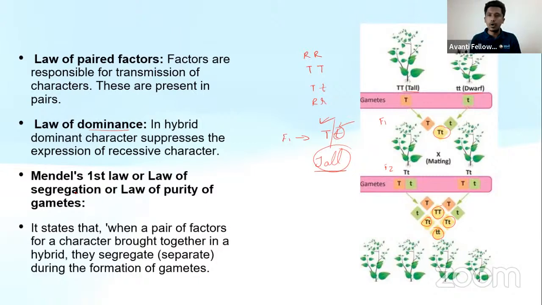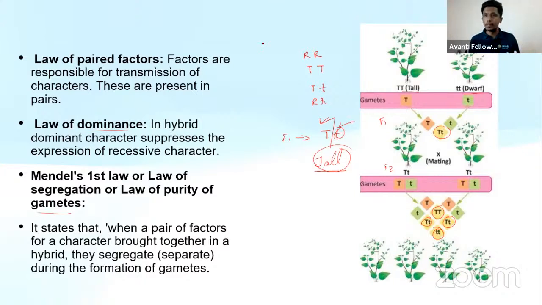Coming to the next point with respect to a monohybrid cross, there is a very important statement: Mendel's first law of genetics. Whenever we talk about Mendel's first law, we should not say it's the law of dominance; it's actually the law of segregation, also called the law of purity of gametes.